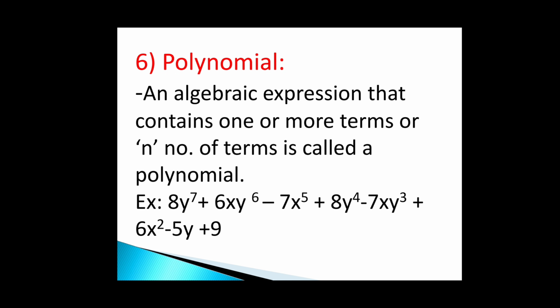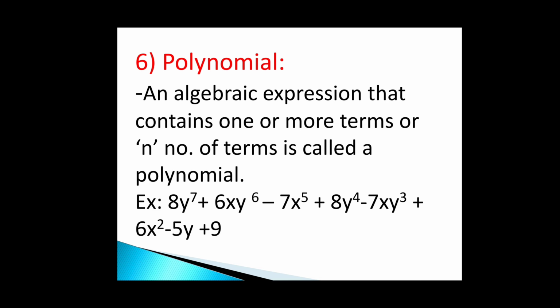Now, finally, polynomial: an algebraic expression that contains n number of terms is called a polynomial. Countless number of terms it can have. Any algebraic expression which has more than two terms is called a polynomial.